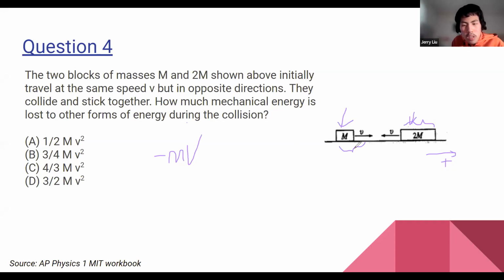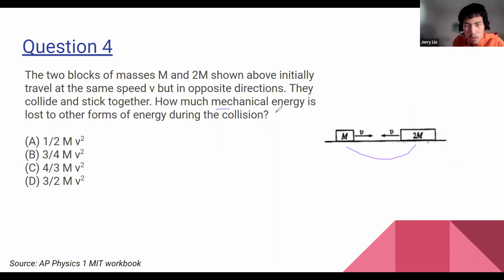We know that the combined mass after the collision is 3m, so you can simply plug in and solve for the final velocity.